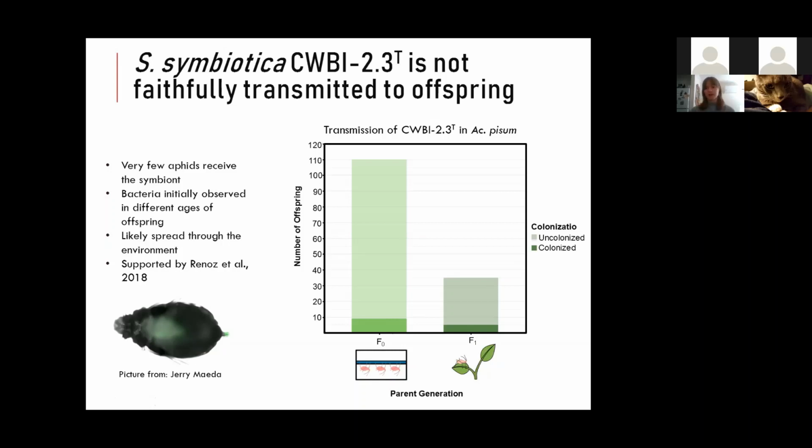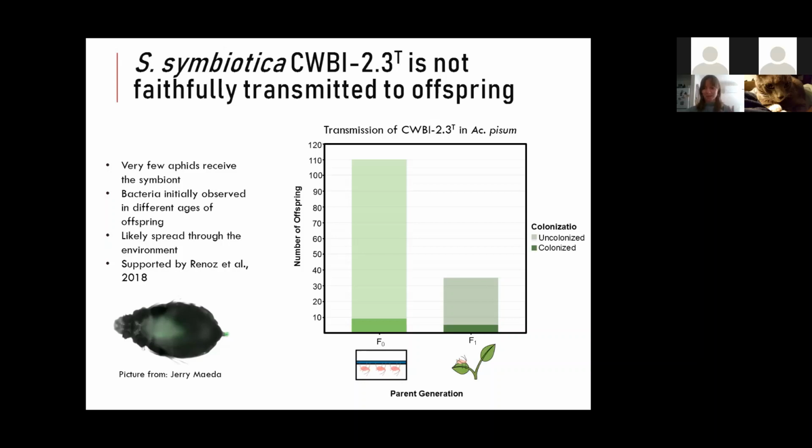And we have hypothesized that basically it is spreading through the environment itself. So when I look at these aphids, I'm not seeing colonization initially right as they're born. Sometimes it appears in later stages. We also see our glowing strain of bacteria appearing in the aphid waste product, or honeydew as it's called.